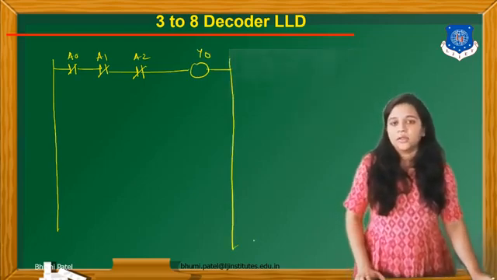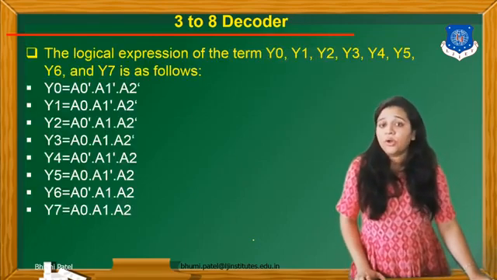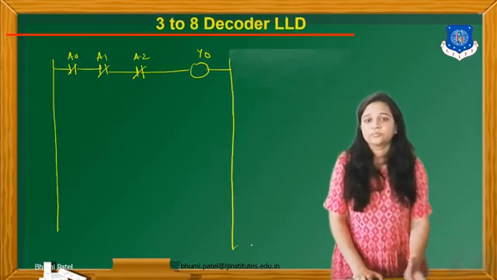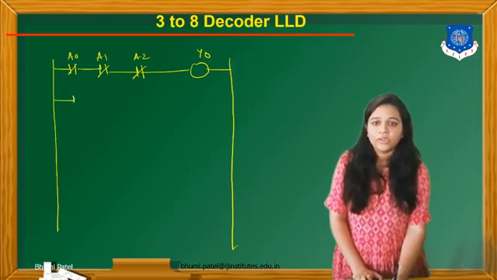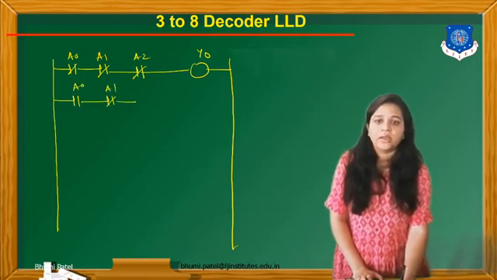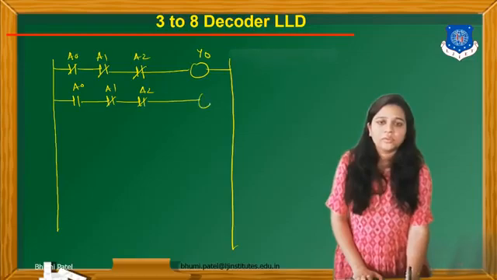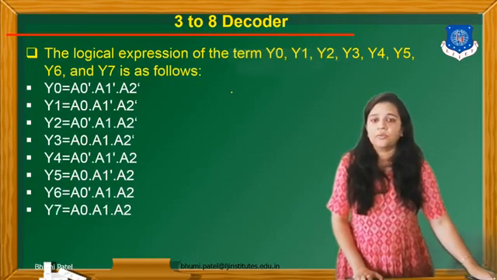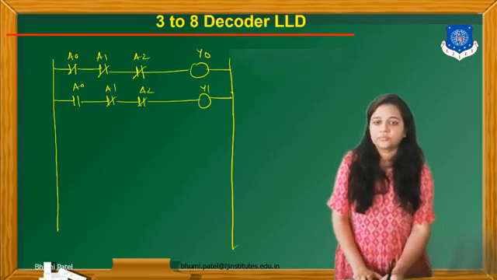The second condition is for Y1: A0, A1 dash, A2 dash. We can draw here A0 as an open contact, A1 dash and A2 dash. So this is my Y1. What is for Y2? It is A0 dash, A1, A2 dash.